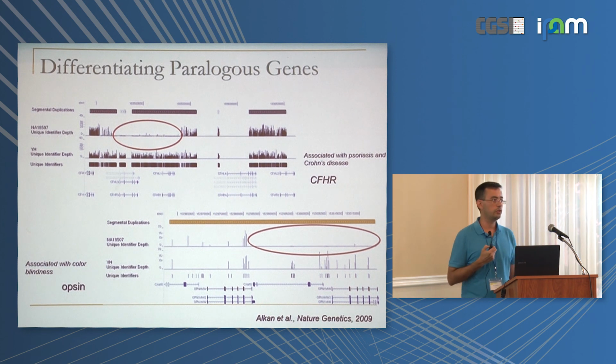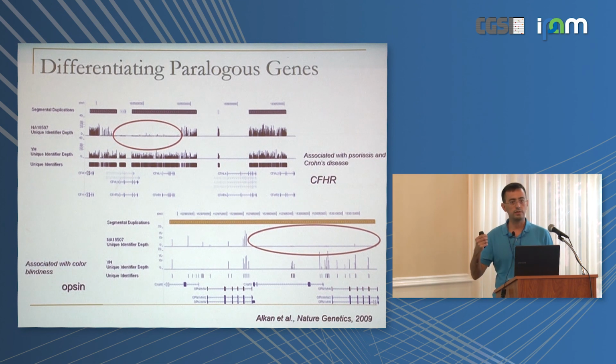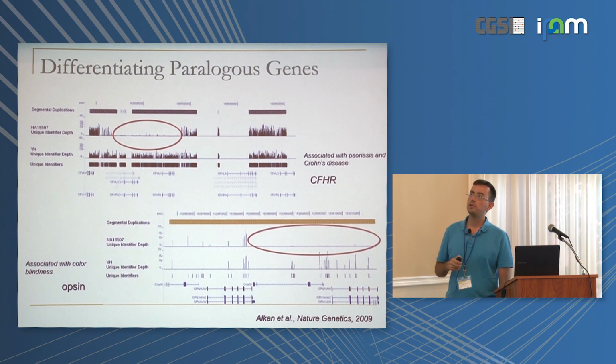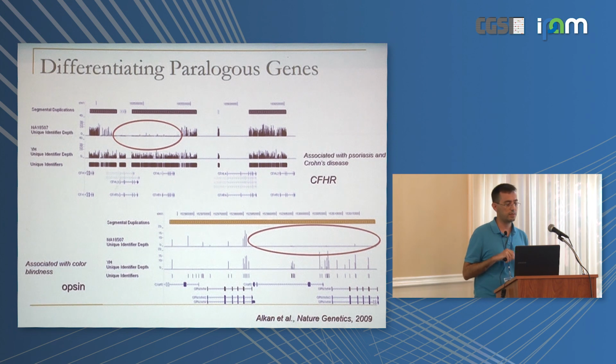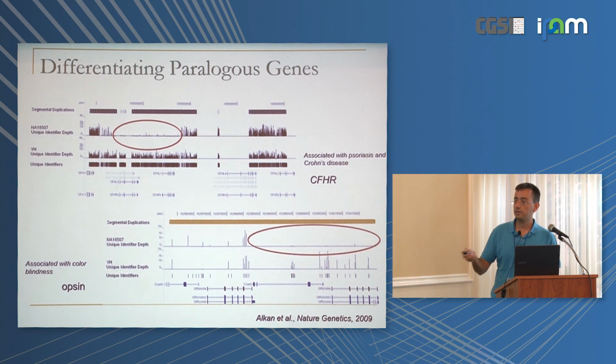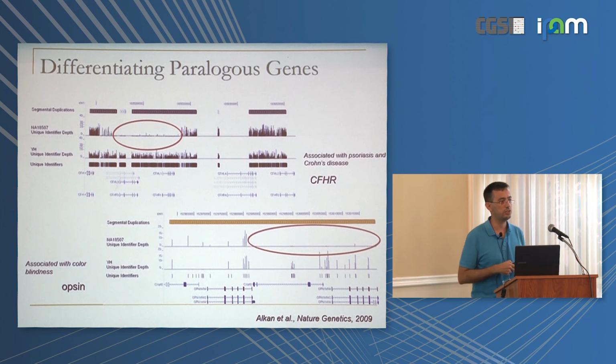But if you want to know which of those copies is depleted or has an extra copy, we look at those variants that we call single unique nucleotide identifiers. And another example here is the opsin gene family. So for example, this person from Nigeria is missing the middle wave opsin gene.